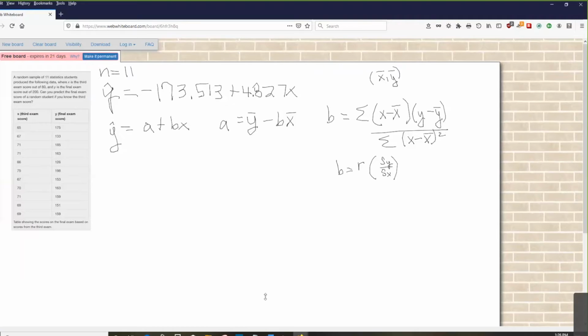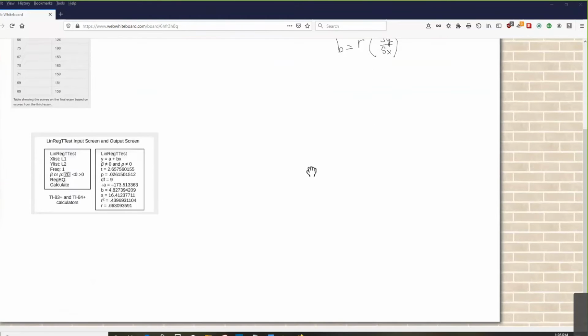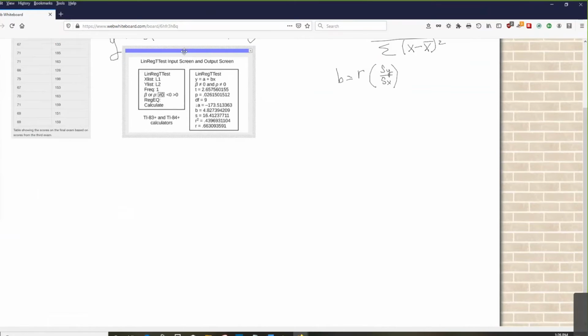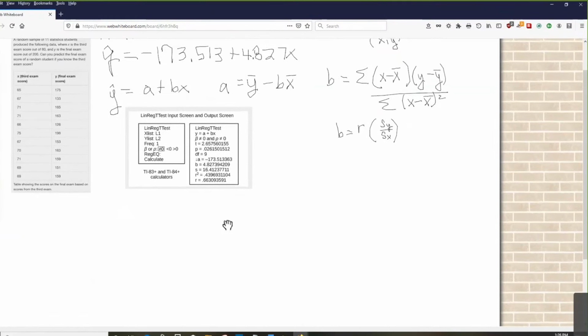And if you had the TI-84 calculator and you plugged that in, I'll show you what that looks like. And the book, if you have that calculator, will walk you through the steps of how to use that calculator.